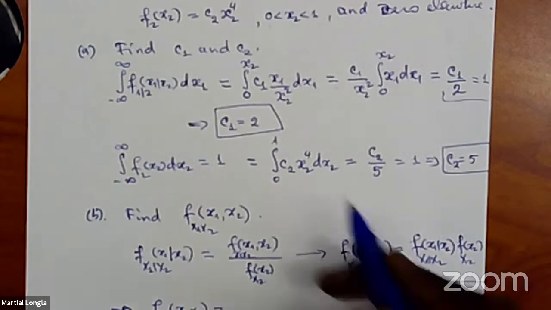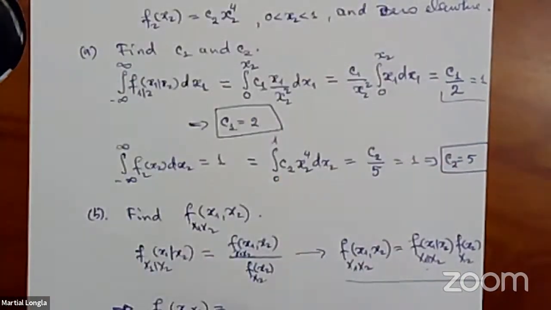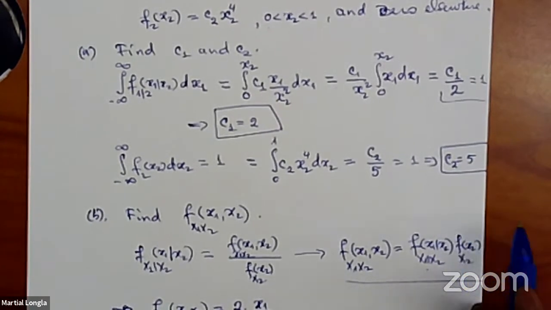This is given right there, and C1 is 2, C2 is 5. So that's 2x1 over x2 squared times the marginal, which is 5 times x2 to the power 4.